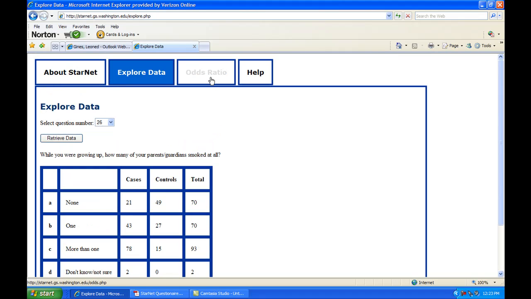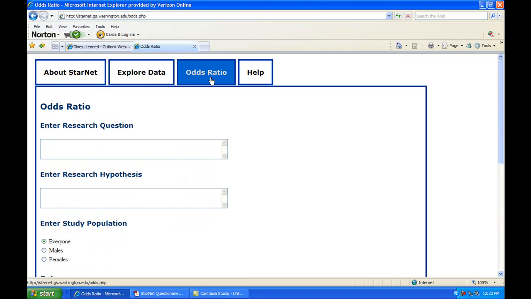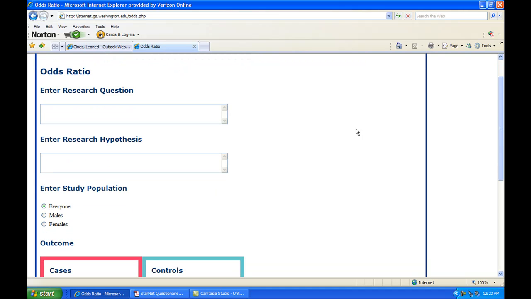You click on odds ratio. These first two things you don't really have to type in order to view your data, but just to make it easier to follow, it's a good idea to type it in. Our research question was, does having at least one parent who smokes increase the likelihood of becoming a smoker?